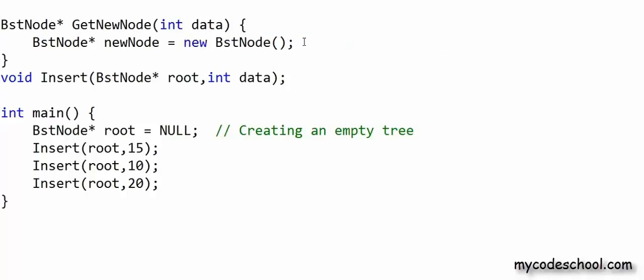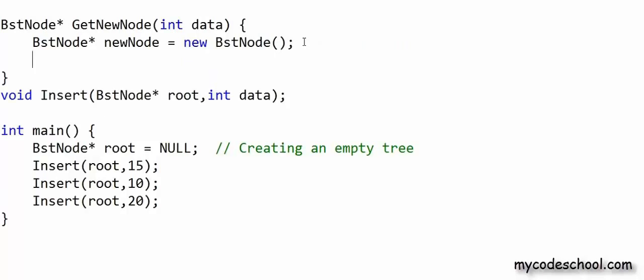Now anything in dynamic memory or heap is always accessed through a pointer. Now using this pointer newNode, we can access the fields of the newly created node. I'll have to dereference this pointer using the asterisk operator. So I'm writing asterisk newNode, and now I can access the fields. We have 3 fields in the node: data, and 2 pointers to node, left and right. I've set the data here.